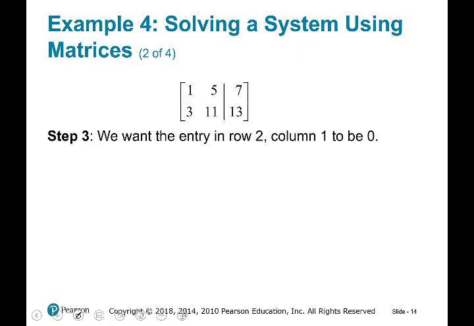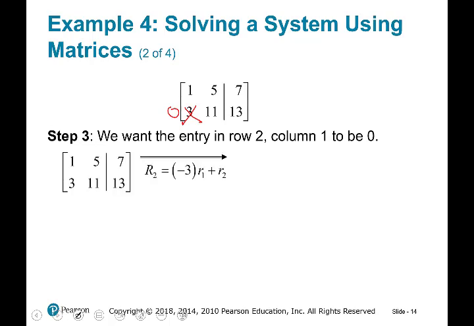Now, I would like this number to be a 0. So to get that, I will multiply row number 1 by minus 3 and add that to row 2 to get a new row number 2, right?